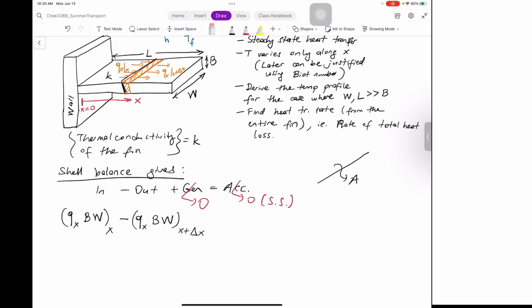And the reason why I'm having this X plus delta X outside of the parentheses instead of just next to Qx is because my B and W generally might change with the X. But for this problem, it's not changing. That's okay. But we should not take it for granted in the beginning. Maybe you can make this assumption later.